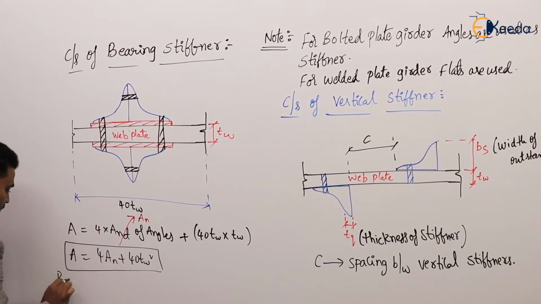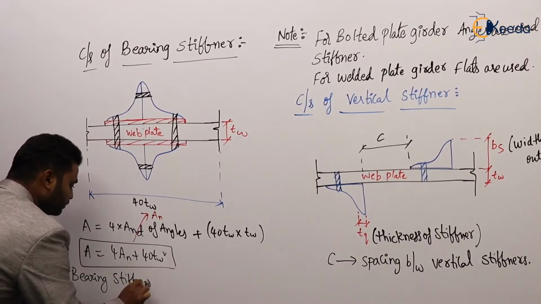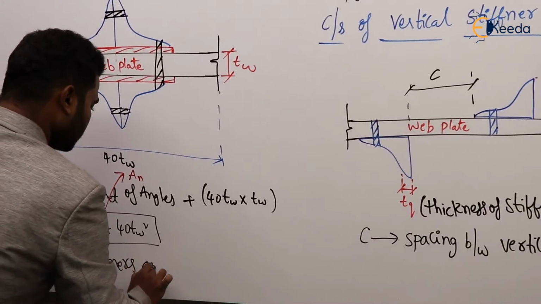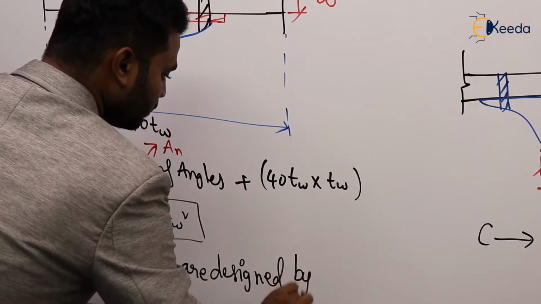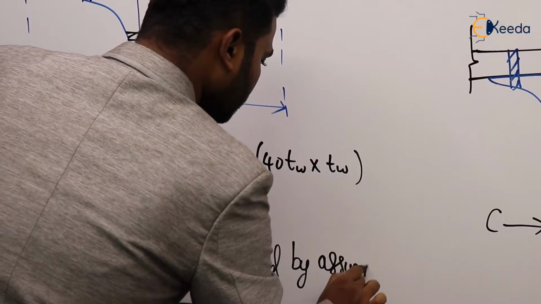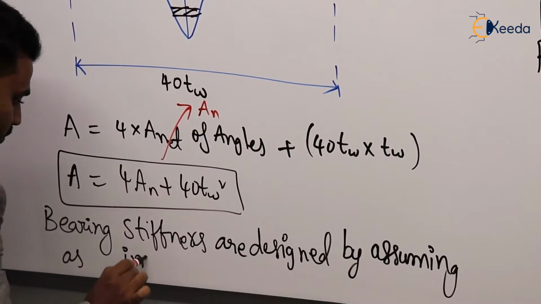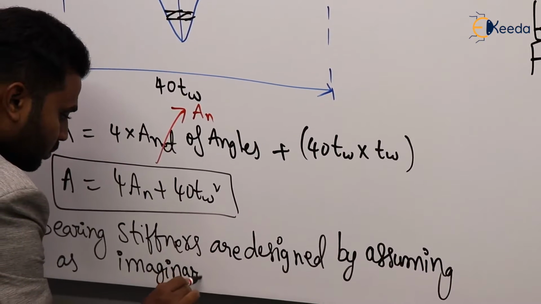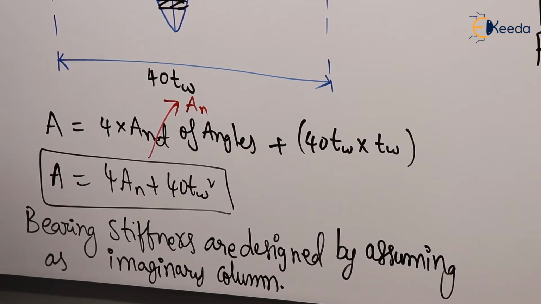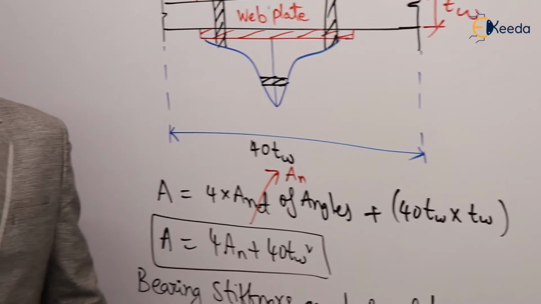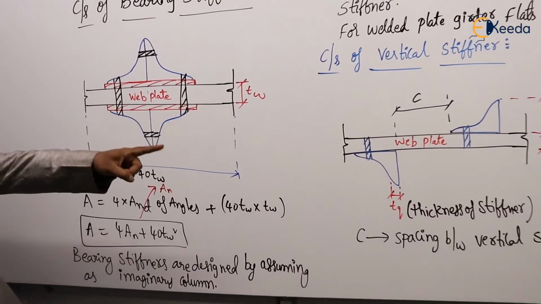So here I am writing: bearing stiffeners are designed by assuming them as imaginary column. But vertical stiffeners are not designed as imaginary column. Clear? So take the diagram very clearly, and show all the dimensions, BS and TQ and everything.